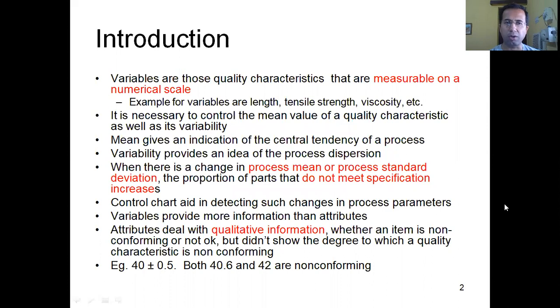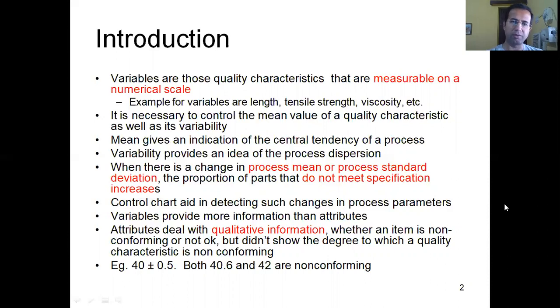They are measurable on a numerical scale, and when there's variability, we need to ascertain whether the variability in the process is under control or not. Is the variability predictable or not? That is the whole objective of making control charts.